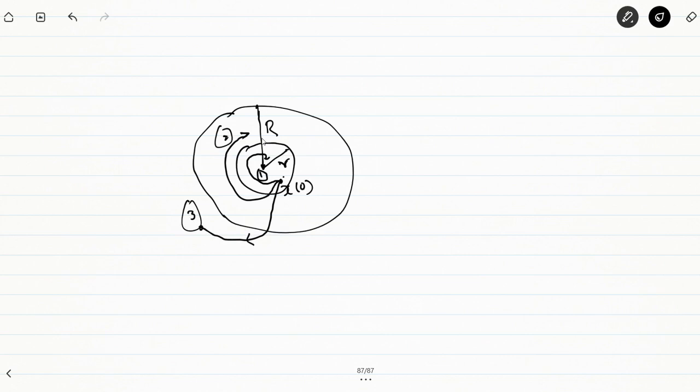The initial condition lies within the circle of radius small r. Then trajectory 1 refers to an asymptotically stable system. Trajectory 2 refers to a stable system. Now when we say this is stable, we mean actually this is Lyapunov stable.